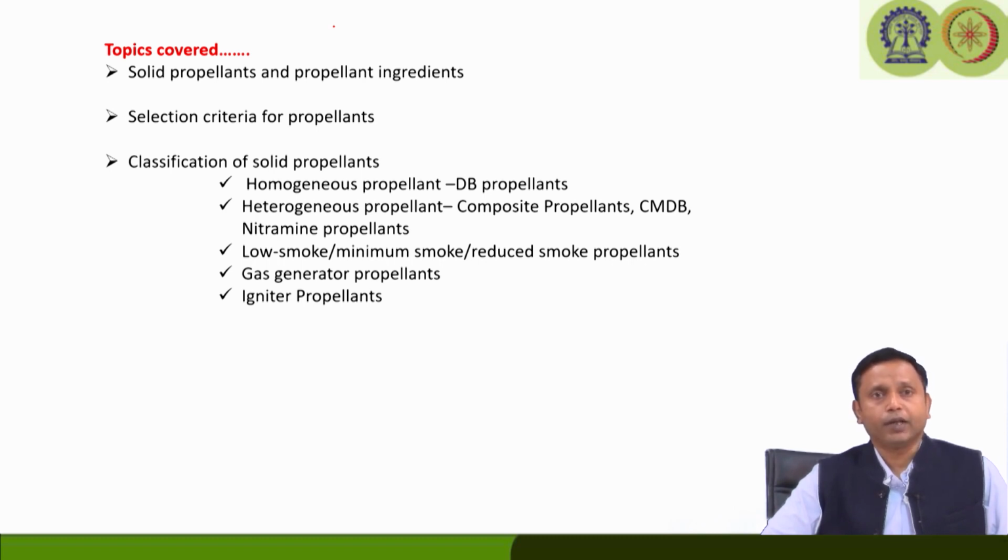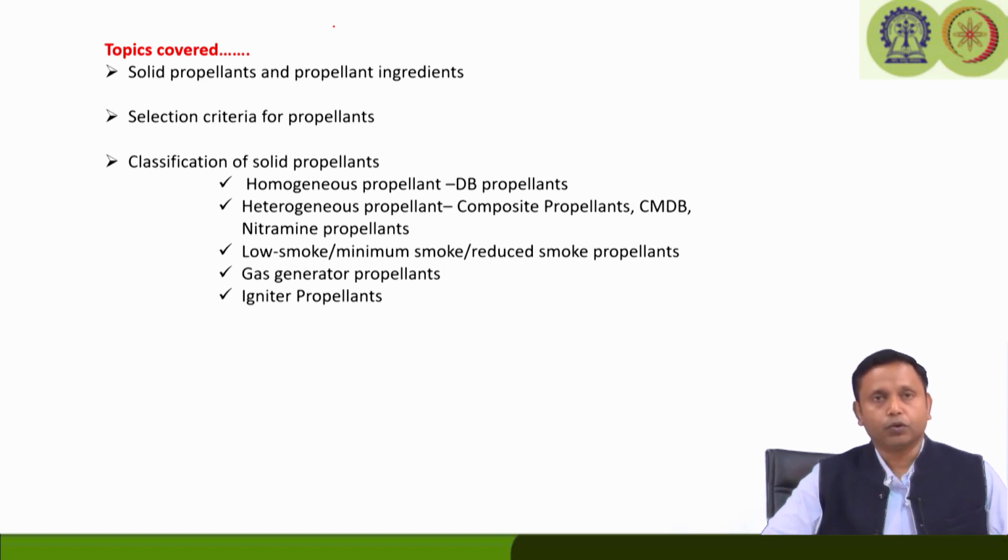There are various applications where gas generator propellants are used, like pilot emergency escape, pushing missiles from submarine launch tubes or land mobile canisters, and different actuators and valves. One very common example of gas generator propellants is in the automotive airbags.